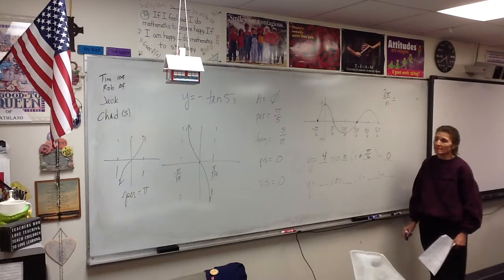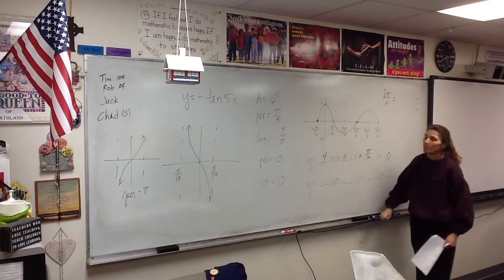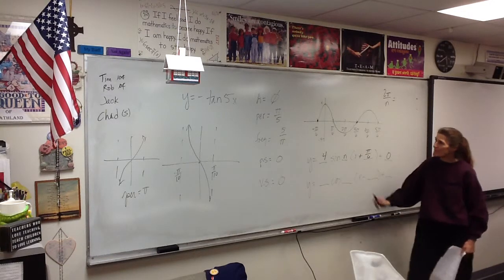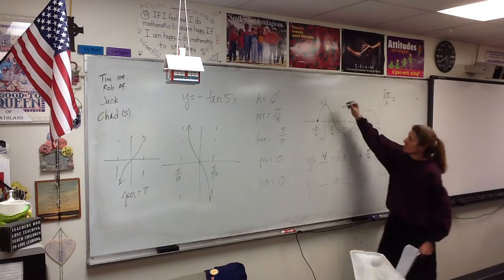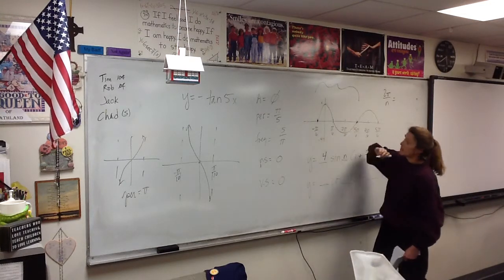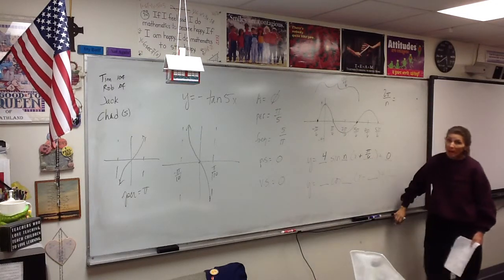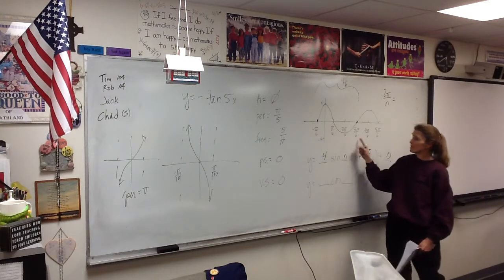How do I know that? Because I am going from negative 1/6 to positive 3/6. What is that? From negative 1/6 to positive 3/6 is a distance of 4/6. Not 2 pi. It's supposed to be 2 pi, but it's not. It's from negative 1 to positive 3.